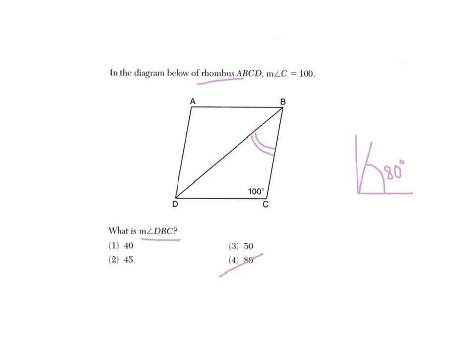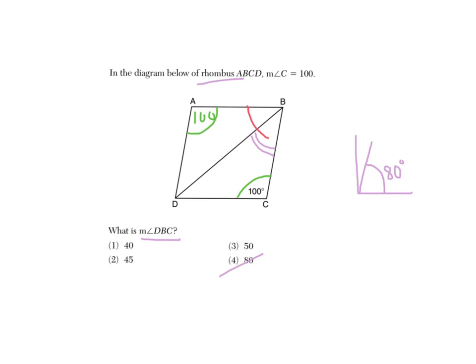And you might be able to decide what the right choice is without doing any work. It's going to be choice number 1. But if you had to actually work it out, you could work it out this way. That's worth 100. The angle on the opposite side is worth 100.